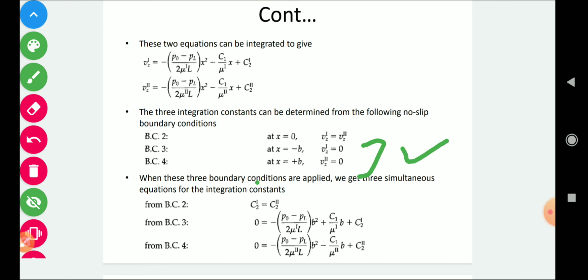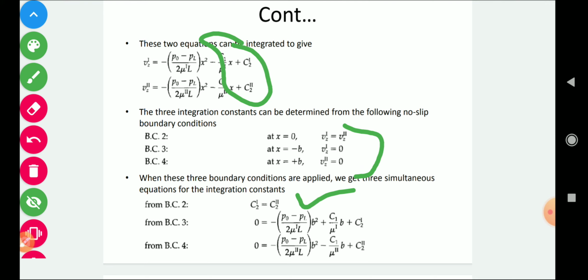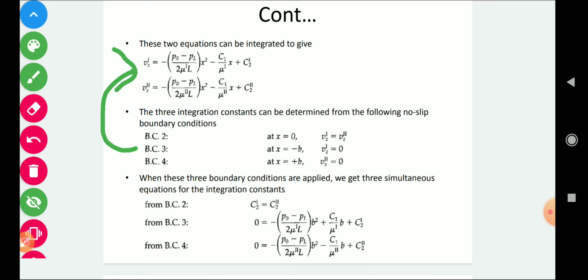At those points also the velocity will be 0 due to the no slip condition, because the layer in contact with the solid wall has 0 velocity. So if we apply these three boundary conditions, we can calculate C1, C21 and C22. From boundary 2, C21 equals C22, and from boundary 3 if we put in these equations, we get these equations, and from boundary 4 we get this equation.